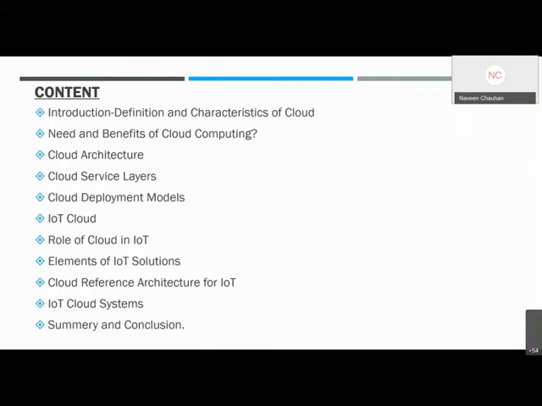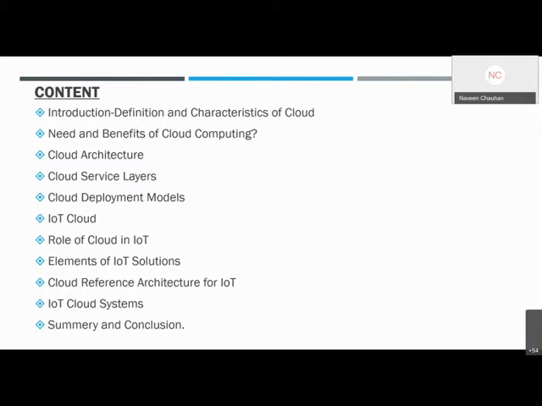The contents start with the introduction, that is, the definition and the characteristics of cloud computing, and the different definitions given in the literature. Then comes why exactly we need cloud computing and what the benefits of cloud computing are. Then we'll proceed with the cloud architecture, different service layers of cloud computing, and different cloud deployment models.